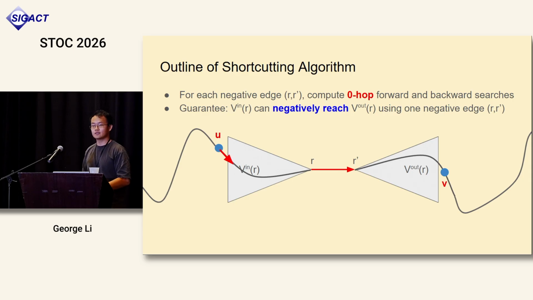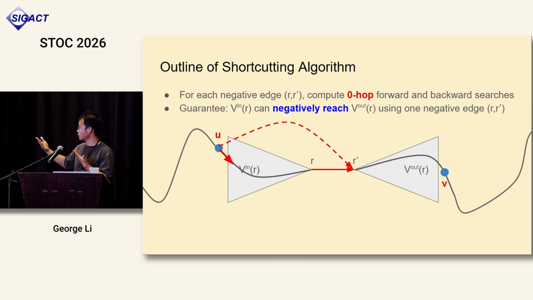So in the first case, imagine that this final edge out of U is negative. In this case, what we can do is add an edge from U to R prime, with suitable edge weight. So the path from U to R prime uses 2 negative edges. If we add an edge from U to R prime that is also negative, that reduces the number of hops by 1.